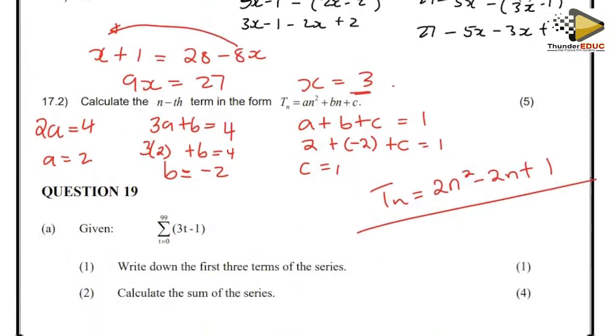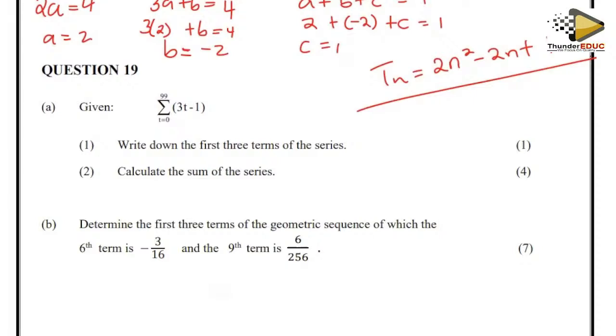All right, 19. We have a sigma notation. So sigma from t equal to 0 up to t equal to 99 is given as 3t minus 1.